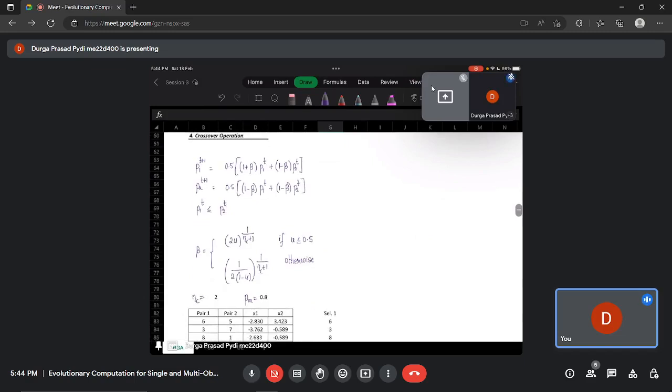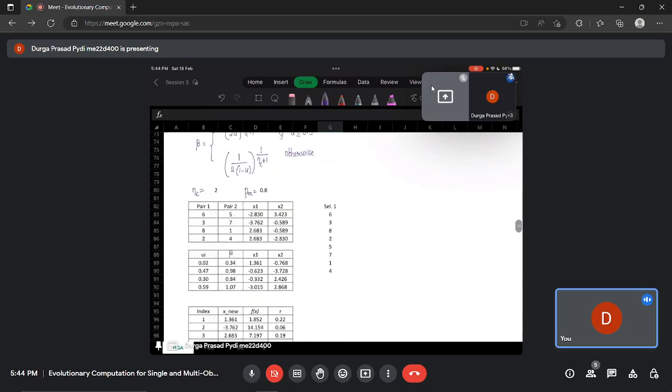Now in the crossover operator, the first step is picking the pairs from the previously selected individuals. Previously we got 8 individuals. Now I need to select from them. So the first step is again generating your random numbers. I've generated these random numbers between 1 to 8. Once I have generated them, I have to pick the pair.